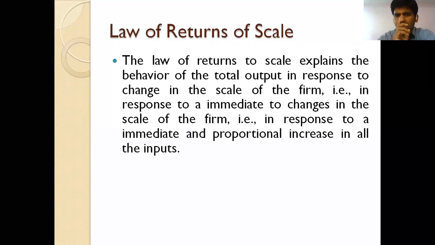That is, in response to any immediate proportional increases in all inputs. So that is the immediate response we are going to consider. What is the immediate response? For example, if we increase one labor, the total output is going to be increased.